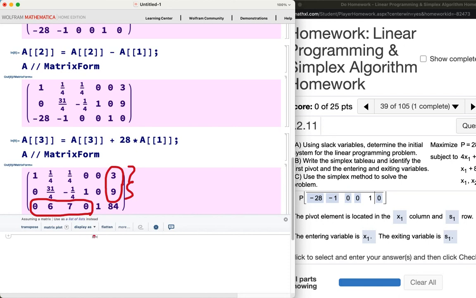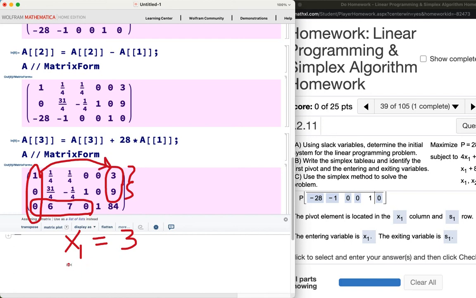So the answer is going to be x1 is equal to 3. So this is the x1 column, and it's a basic column because we just have 1 and zeros. So that answer is 3, right?